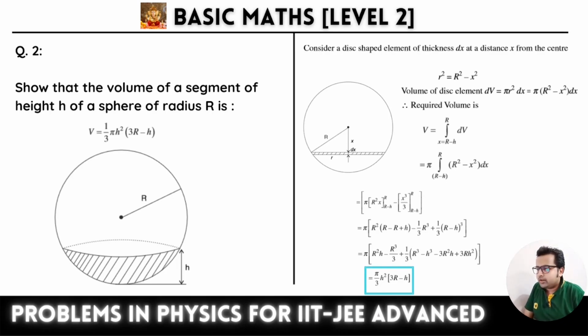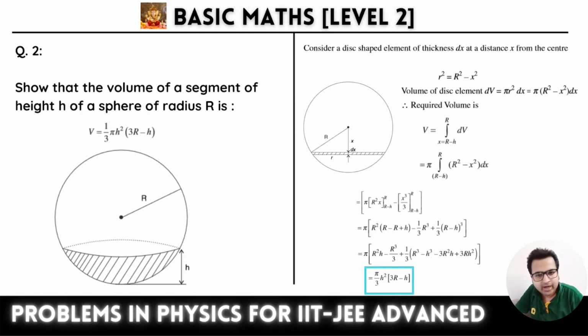So consider a disk shape element of thickness dx at a distance x from the center. Definitely we have a sphere. From the distance x, we take a disk shape element of thickness dx, and we have the radius capital R. Let us suppose from that we draw a perpendicular, that is x, and we get small r.